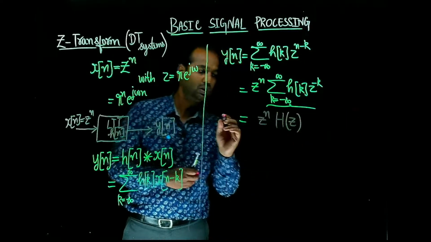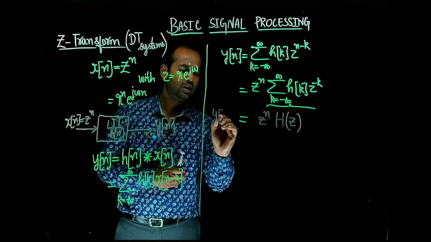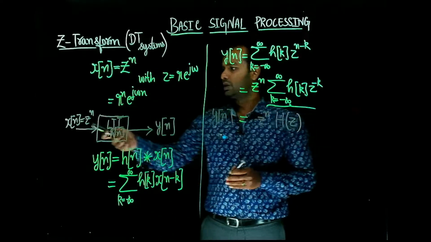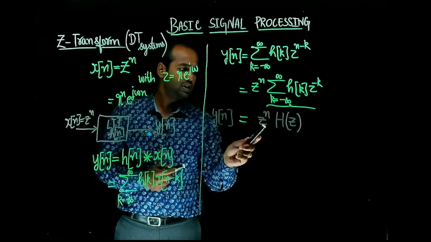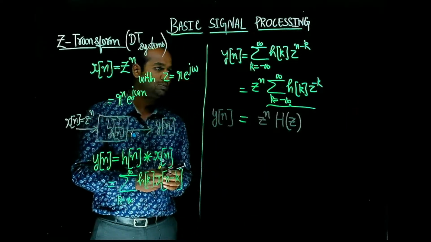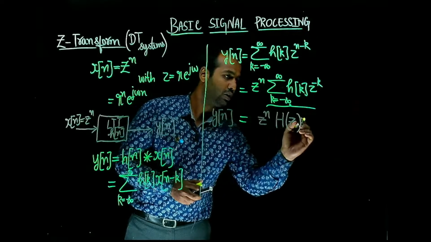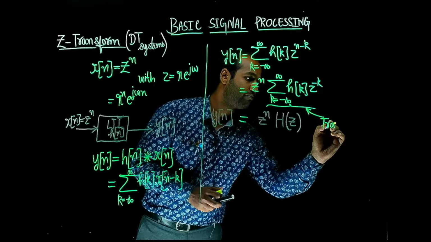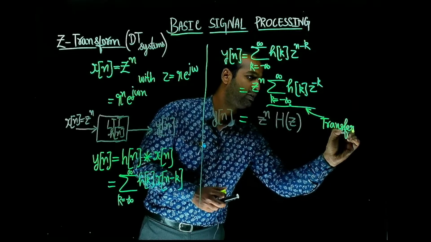Hence we show that for a discrete time LTI system, whenever we feed a complex exponential across its input, we get the same complex exponential across its output, which is scaled by an amplitude and a phase term. That is nothing but your transfer function. This is popularly represented as the transfer function of a digital system.